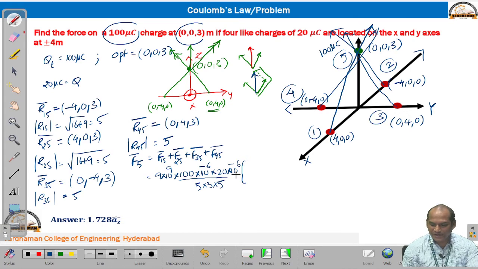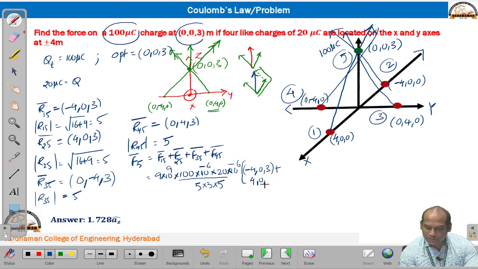The denominator we have also taken common. Now, the vectors we have to write. So, the first one is (-4, 0, 3), plus the second vector (4, 0, 3), the third vector (0, -4, 3) and the fourth vector (0, 4, 3). So, like this we have taken.